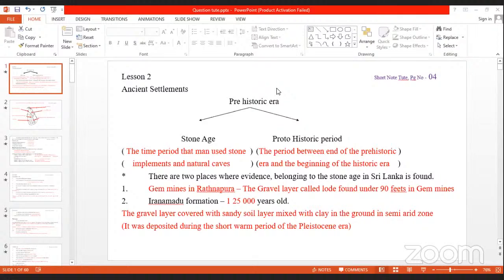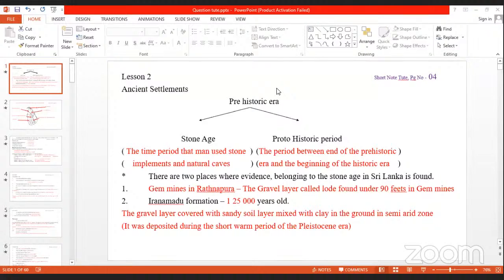I'm just going to go through the question paper, and in the question paper, the Sri Lankan history part, especially two questions we'll be discussing here. So you know that in the Sri Lankan history part, we have 6 questions, and you have to answer 4 questions out of these 6.